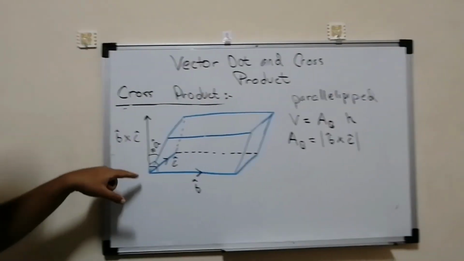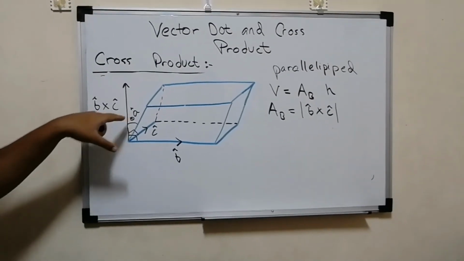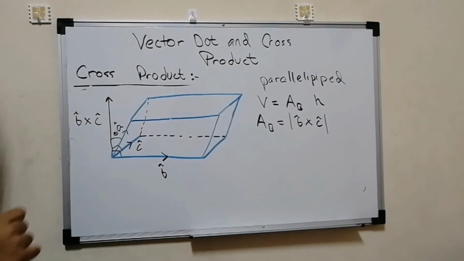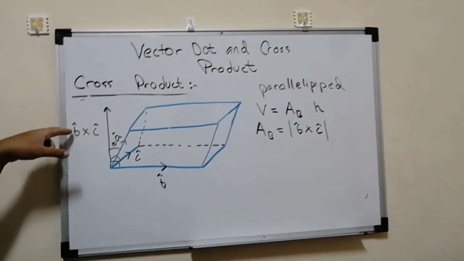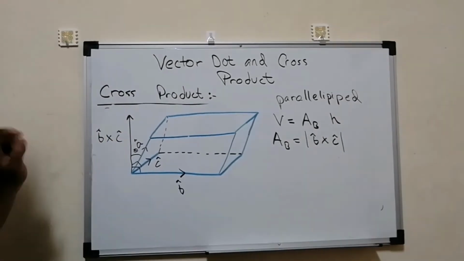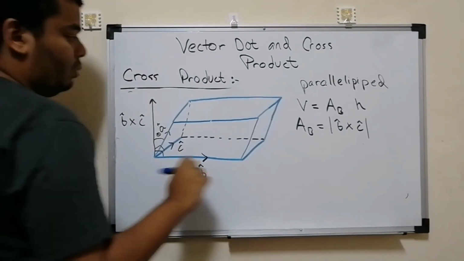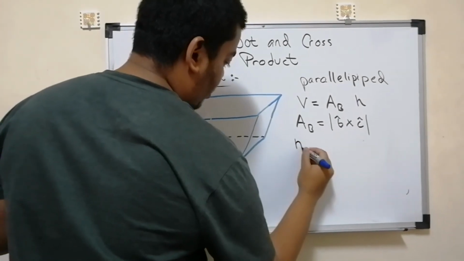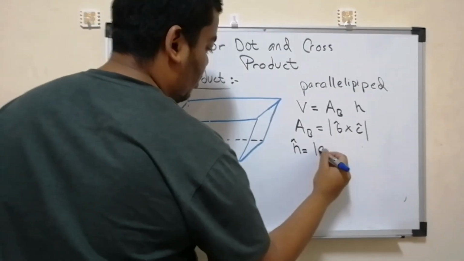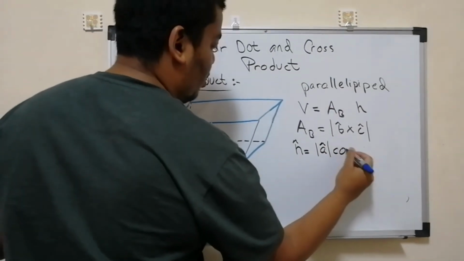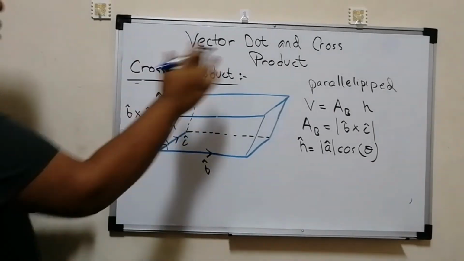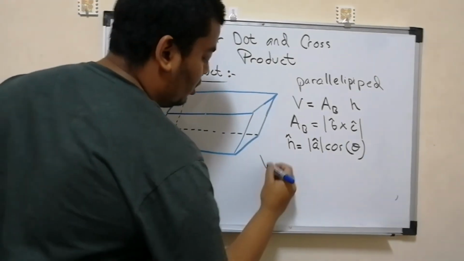The angle theta is the angle that vector A makes with the vector that is perpendicular to both vector B and vector C, hence the cross product of vector B and vector C. And the height will be given by h is equal to cos theta. We'll just put that together in the volume formula.